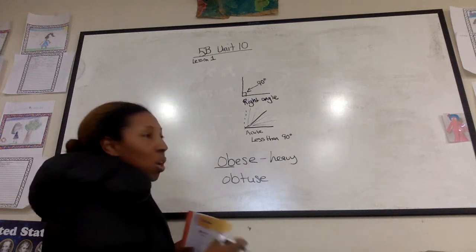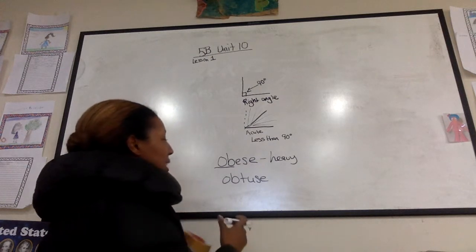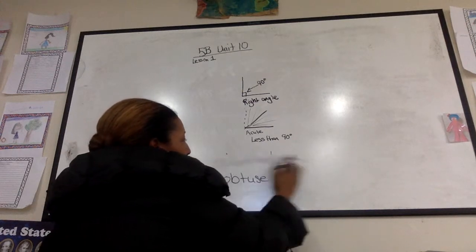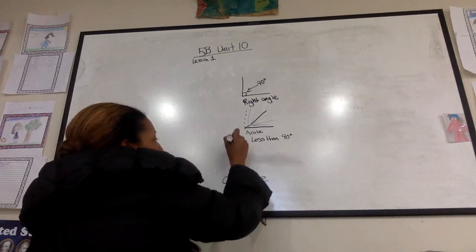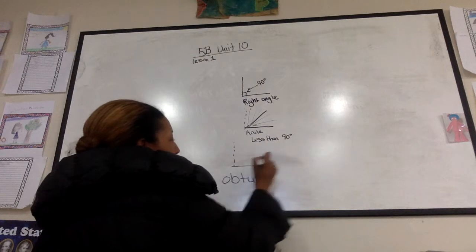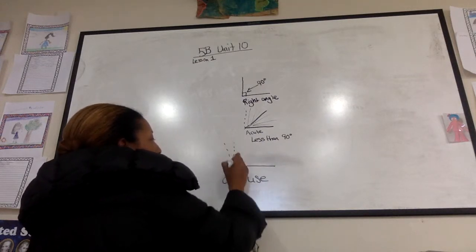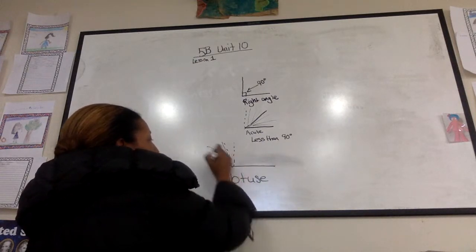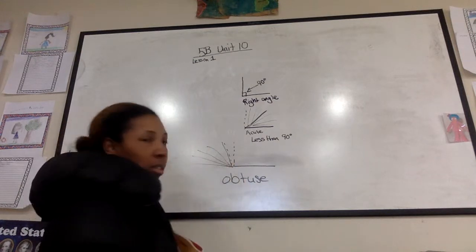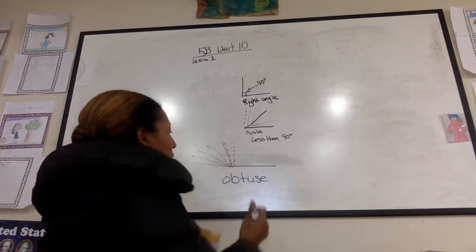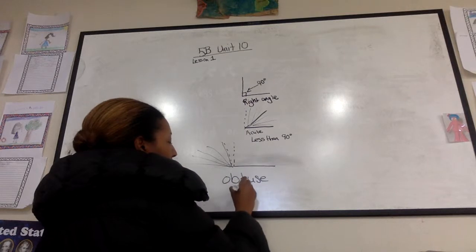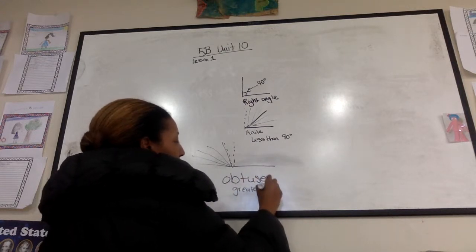So that means it's going to be more than 90 degrees. So that means if this is my 90, then obtuse is going to be here, or here, or here, or here, here. Okay? So we have this is greater than 90 degrees.